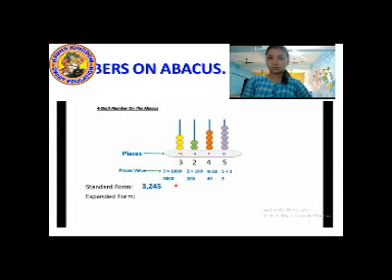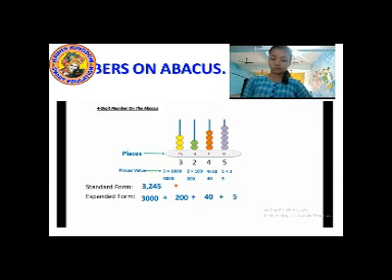Let's write this in expanded form. Now we will write the expanded form of the numeral 3245. Expanded form is nothing but the sum of all the place values. So the expanded form of 3245 is 3000 plus 200 plus 40 plus 5.